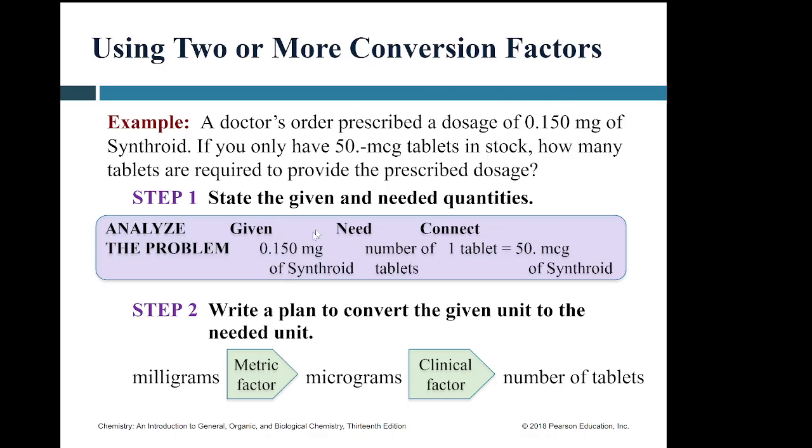So first off, what do I have? Where am I at right now? You're given 0.150 milligrams. Yeah, I have 0.150 milligrams of Synthroid that I'm going to be requiring, right? Now, you can list this 50 microgram somewhere under given as well if you want to. But it usually is better to put this onto your pathway, your connections.